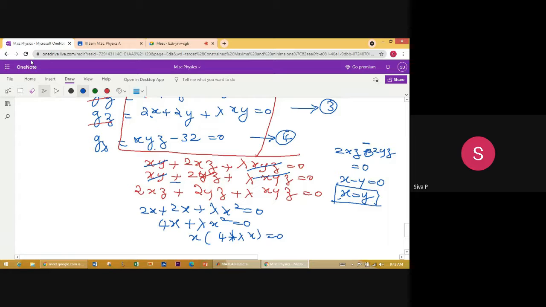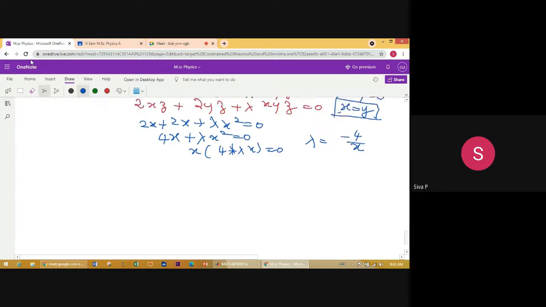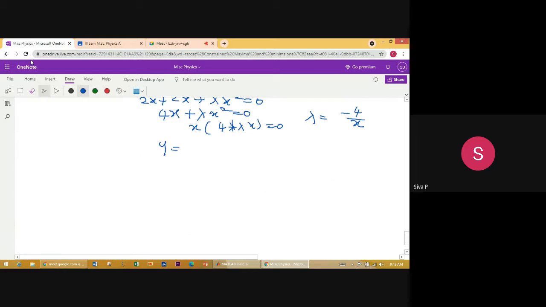If you take x outside, (4 plus lambda x) equals 0. Either x equal to 0 or lambda equal to minus 4 by x. Sorry, yes, x equal to y.